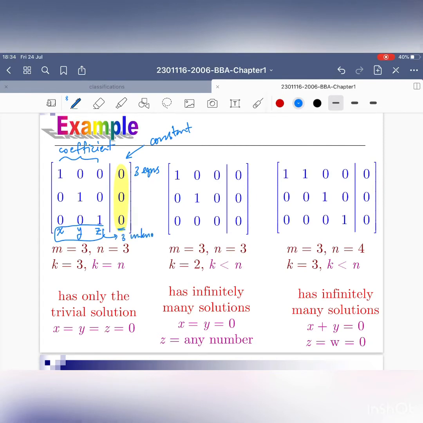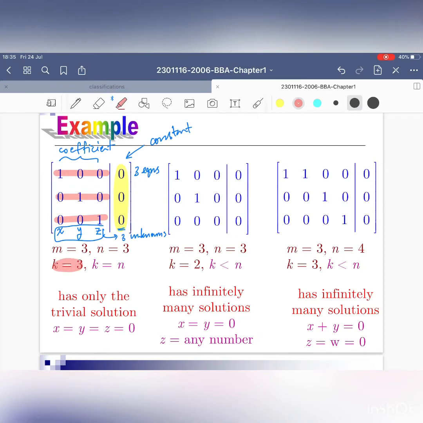Here is a non-zero row, here is also a non-zero row, and there is also a non-zero row.